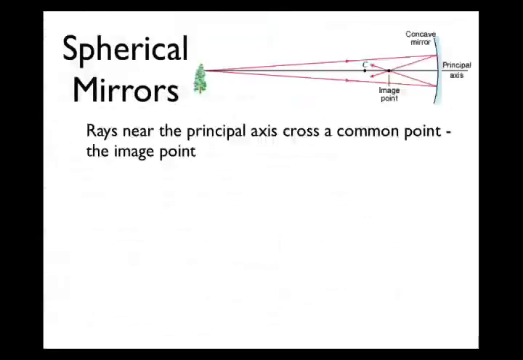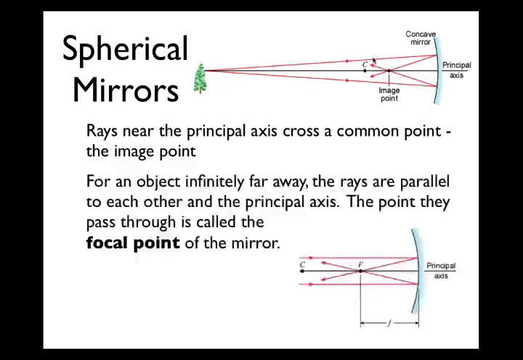So spherical mirrors have the property that when light strikes those spherical mirrors, it converges the light down to a common point. So sometimes these are called converging mirrors rather than concave mirrors. If you have an object that's really far away, and we say infinitely, but it turns out a few meters or more works out great for this, the light coming into the mirror is essentially parallel to the principal axis.